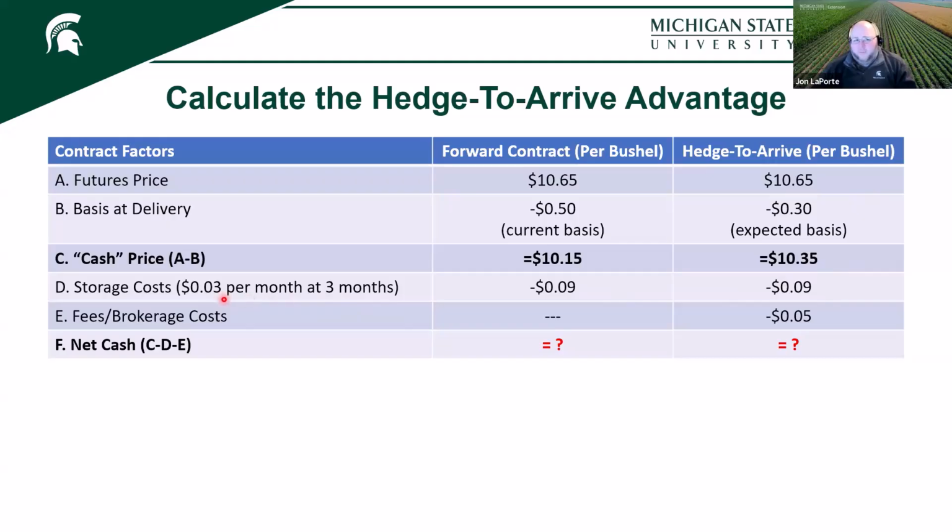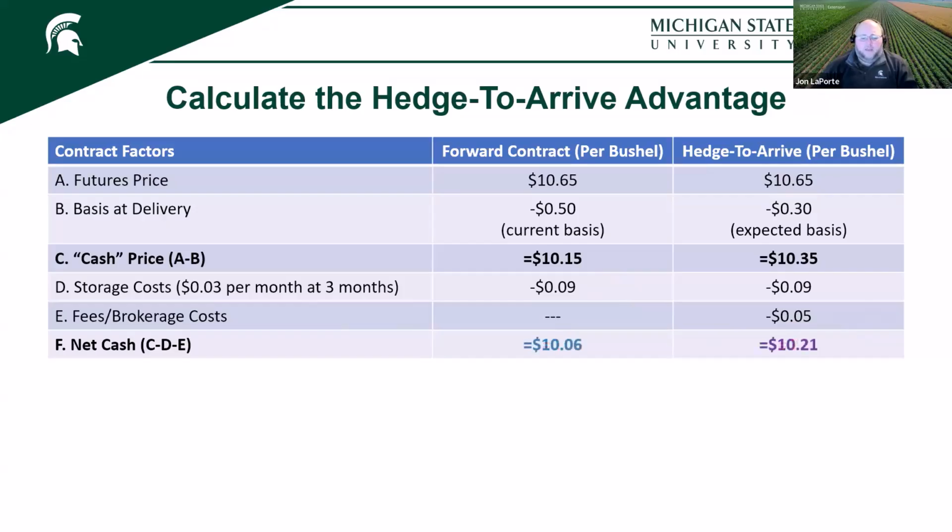It's about 3 cents per month. So simple math, 3 times 3, we've got 9 cents in storage costs, and we're going to have that regardless of whether we do a forward contract or a hedge to arrive. The main difference between the two is we are also going to have this brokerage fee or premium fee to use the hedge to arrive, about 5 cents.